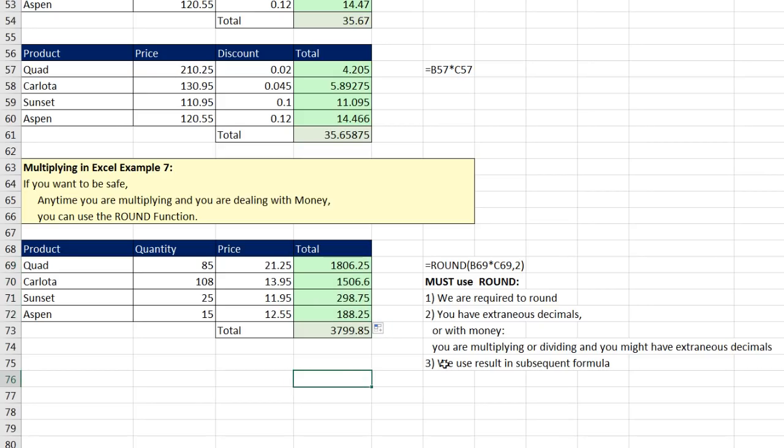The rule still stands as number 2 when you have extraneous decimals, but if you're not sure, definitely use that round function. That does not mean, as we saw earlier in this video, to start throwing the round function around everywhere, like on the sum. That would be totally unnecessary.